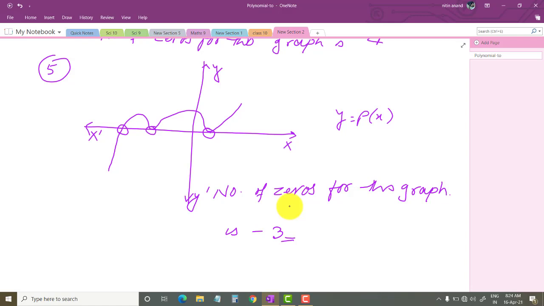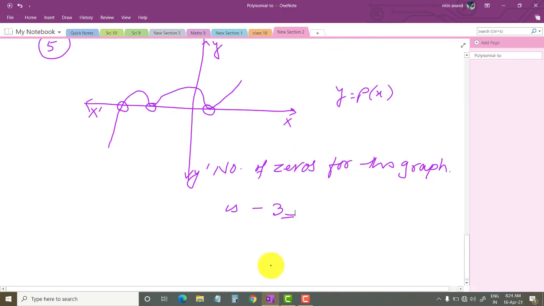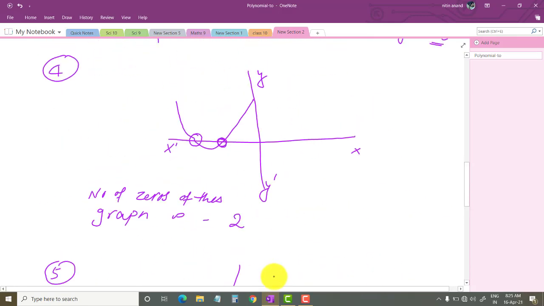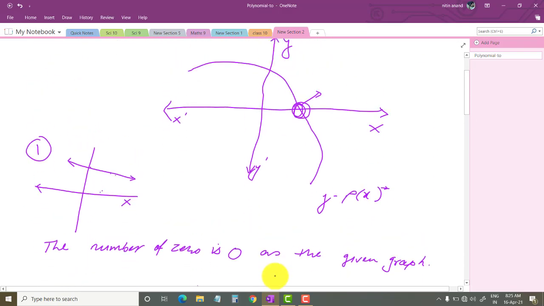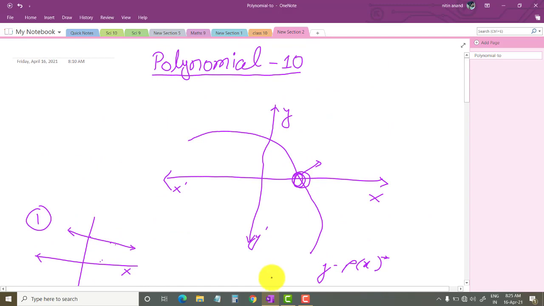Now we have discussed all the questions of exercise 2.1 of class 10 NCERT books.